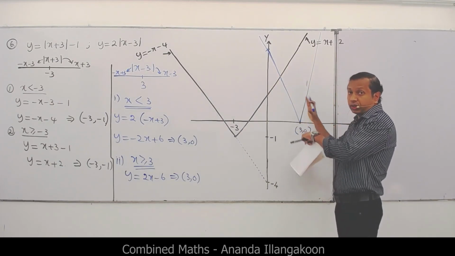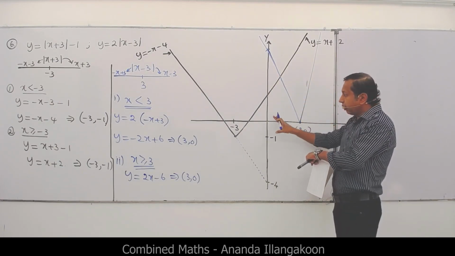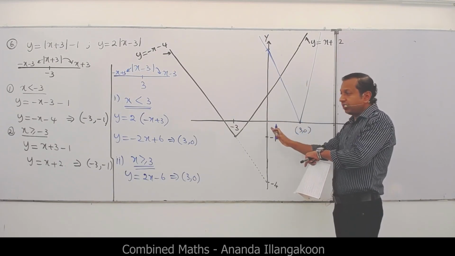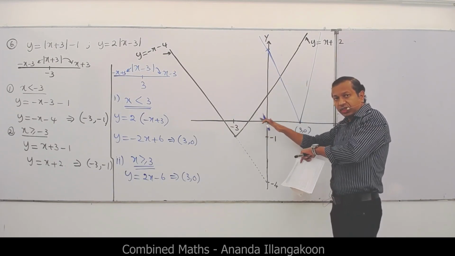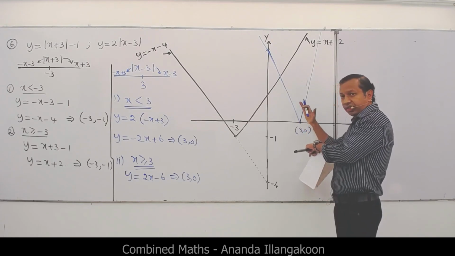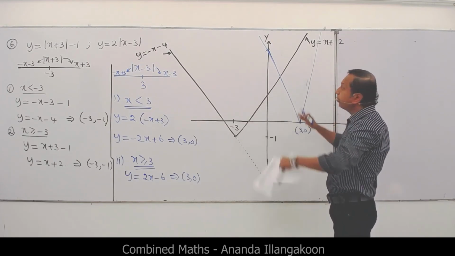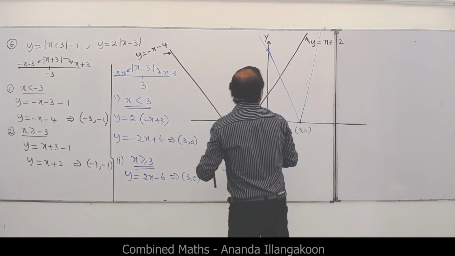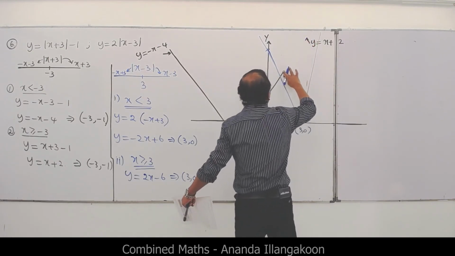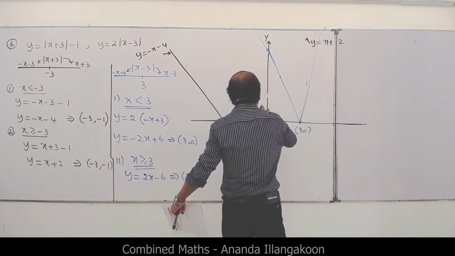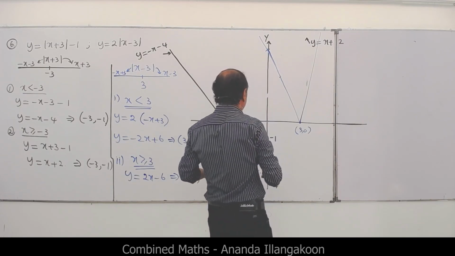Gradient 2 means more inclined with the x-axis, gradient 1 is less inclined. So this line is less inclined with the x-axis and this is more inclined. Therefore they must meet somewhere. So I will draw them so that they meet.